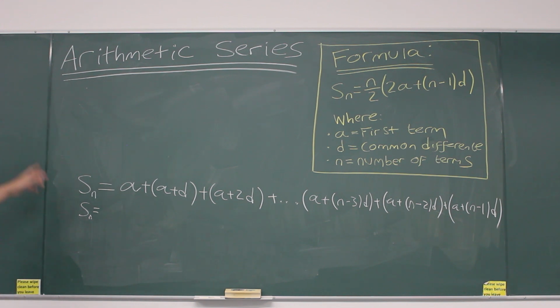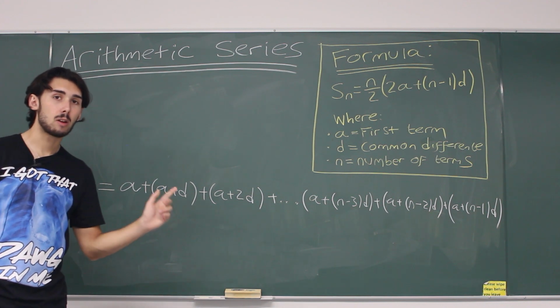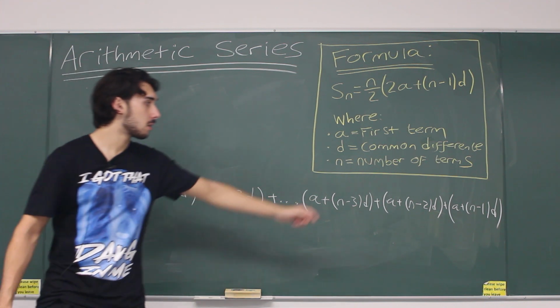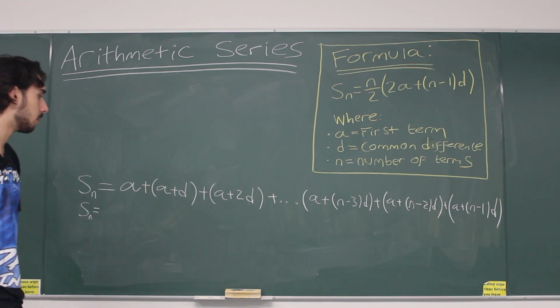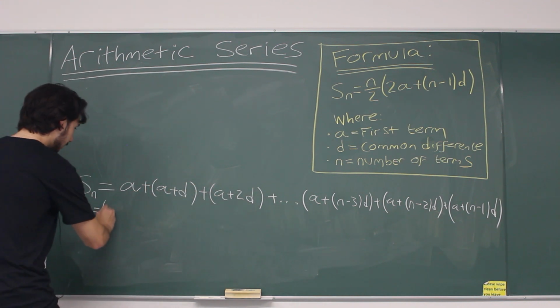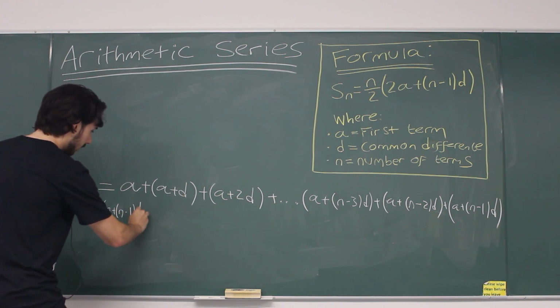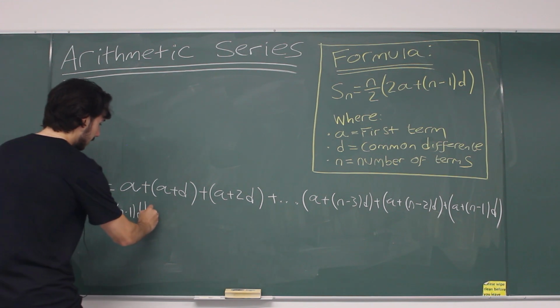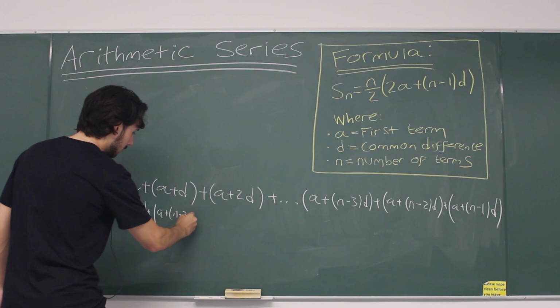We're going to rewrite the exact same thing again, guys. I'm just going to write the whole thing again, but this time I'm going to write the terms in the reverse order. I'm going to write the last term first and the first term last, and you're going to see something very cool. The last term is A plus n minus 1d. The second to last term is A plus n minus 2d.